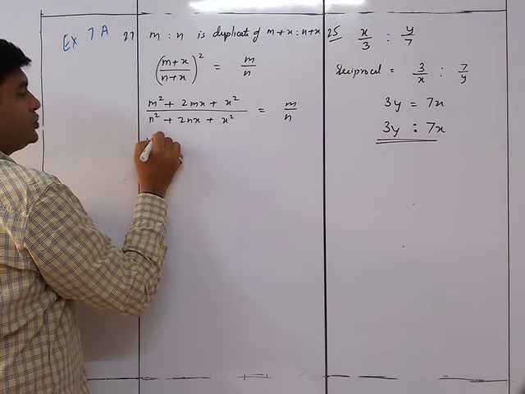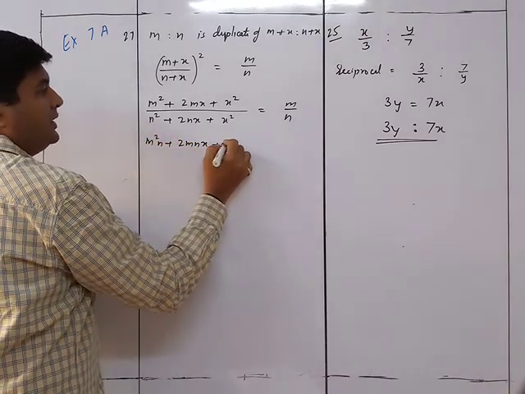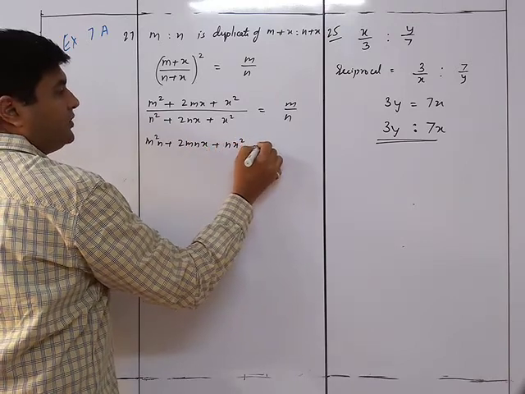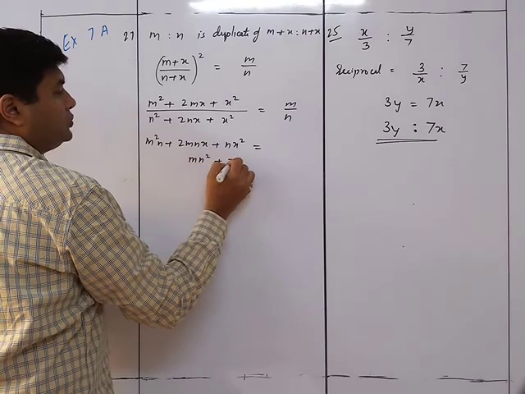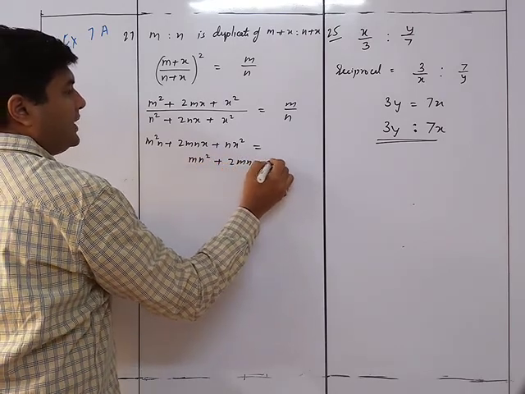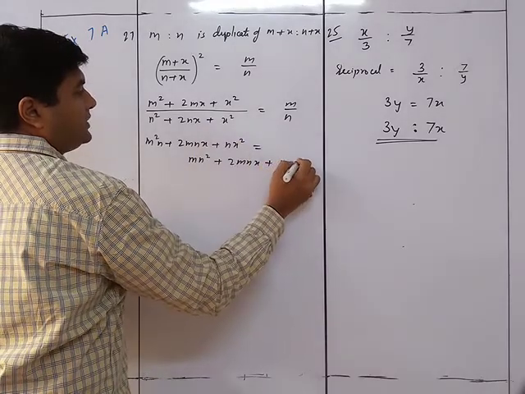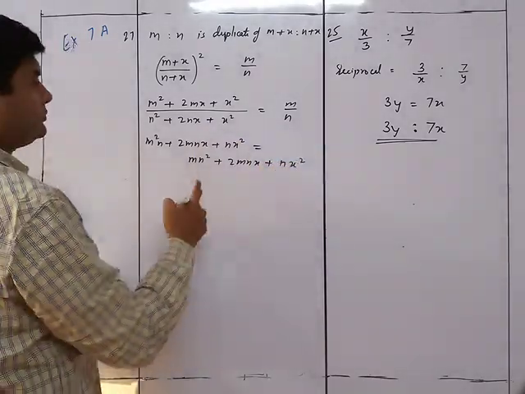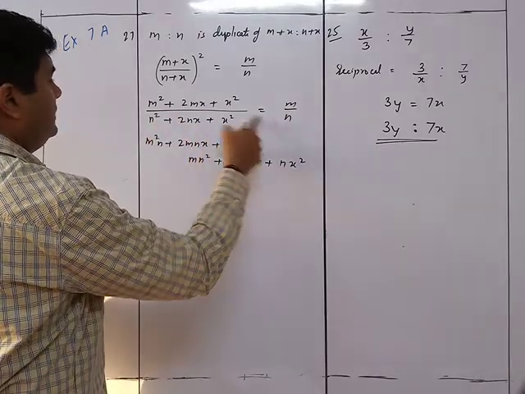So it is m square n plus 2mnx plus nx square is equal to mn square plus 2mnx plus mx square. One sec.